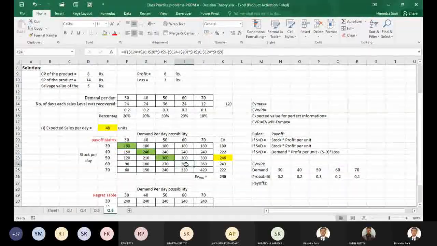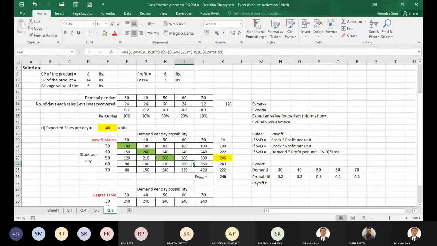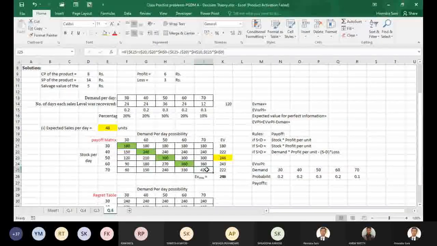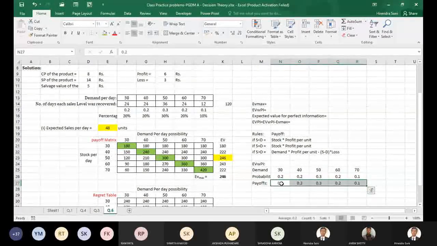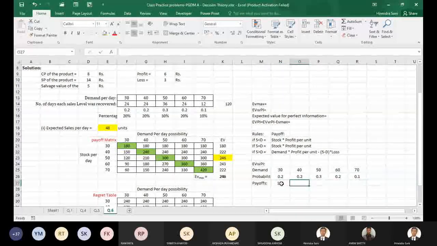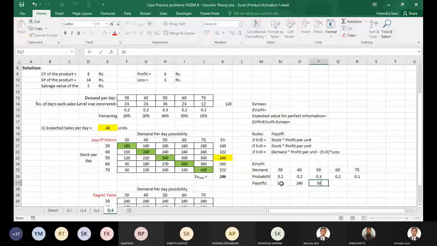So we will have these values here: 180, 240, 300, 360, and 420. Correct?